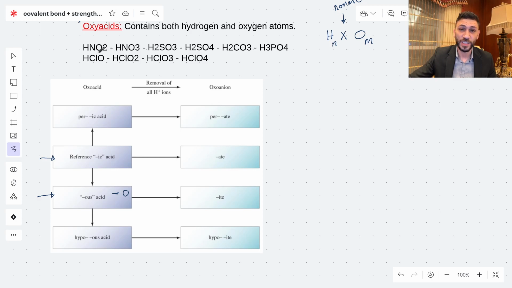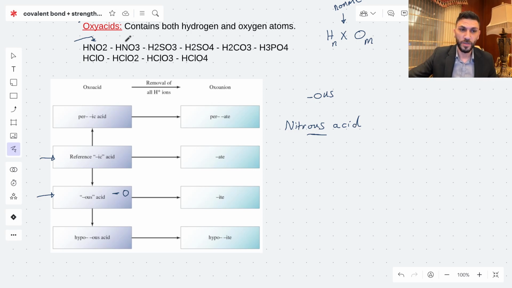When the oxyacid has a lower number of oxygen, we add the suffix OUS for the acid. So for this oxyacid, which consists of the central atom nitrogen, it is going to be nitrous acid. We didn't add hydro, we didn't add IC, we add OUS for the central atom, which is nitro. So nitrous acid.